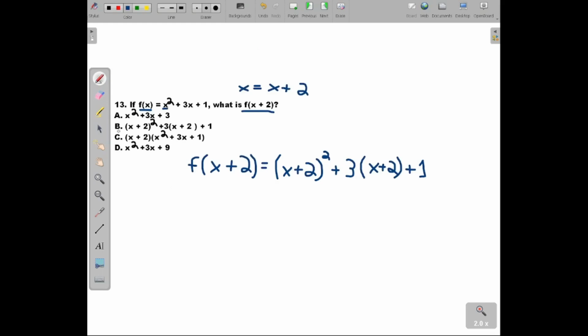And if we see the answer choices, this equation is the same as B. So we don't have to do any more operations. The right answer is B.